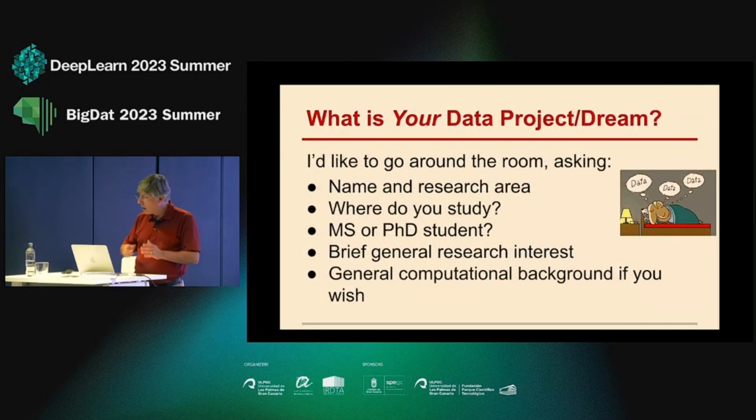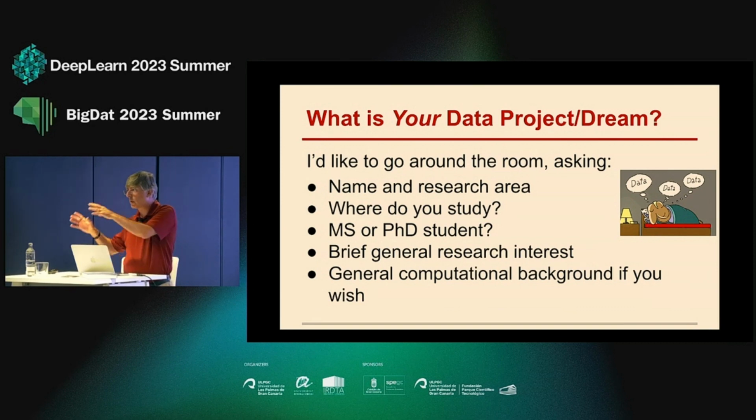Okay, the group's a little bit too large for me to ask everybody who they are, but before we get any further, I do want an idea of who you people are. So if I'm going to say industry or academia, you'd have to pick one.